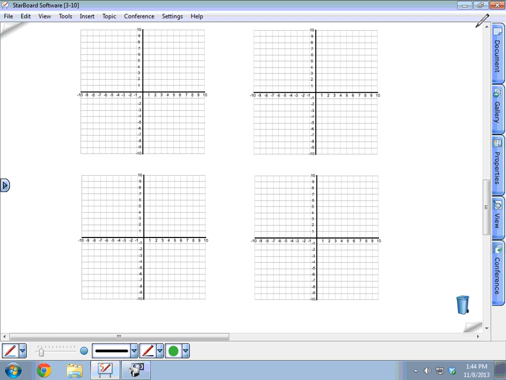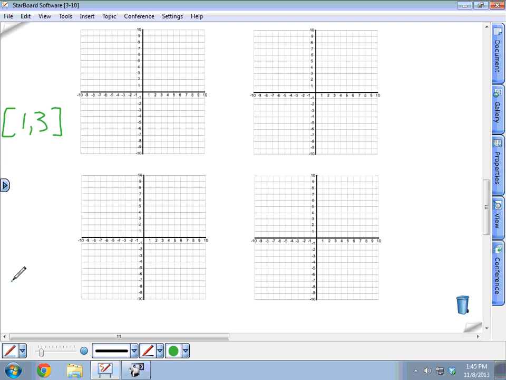What about number 4? So now that we're clear on this, number 4, Courtney Thorne, what's the domain? The domain's the x values.